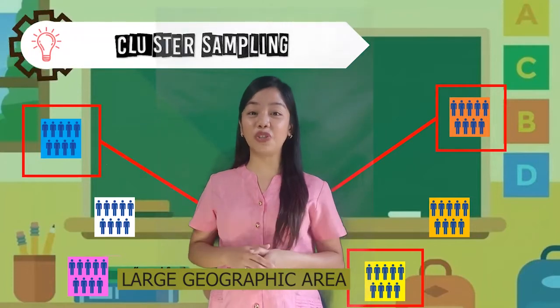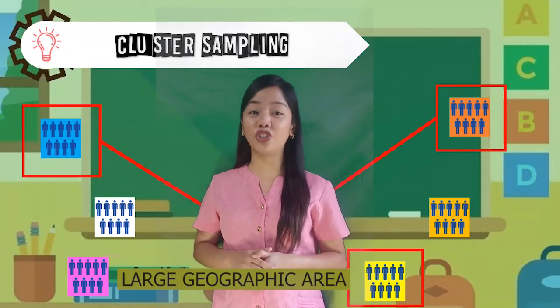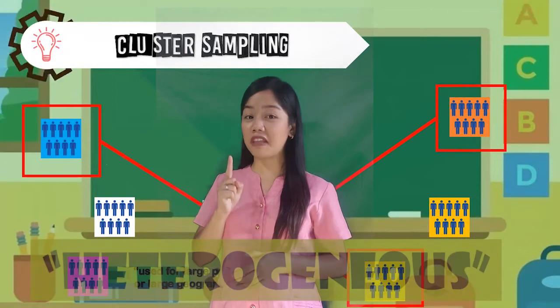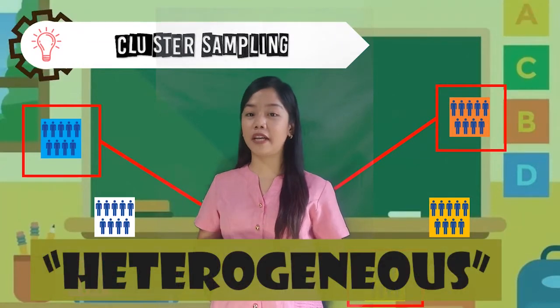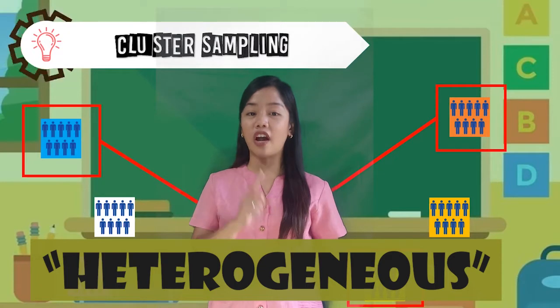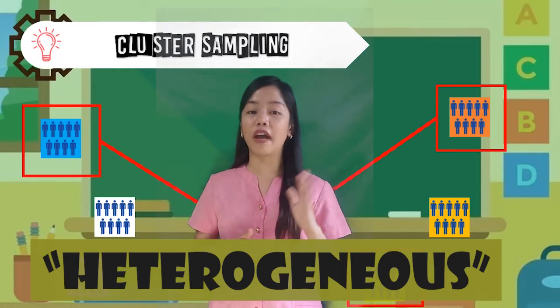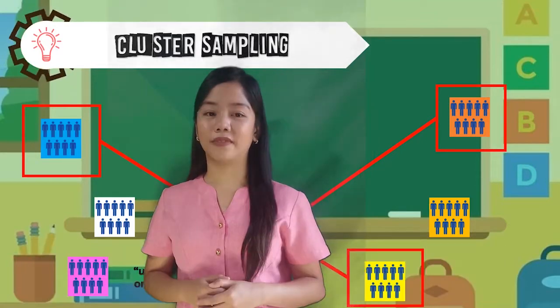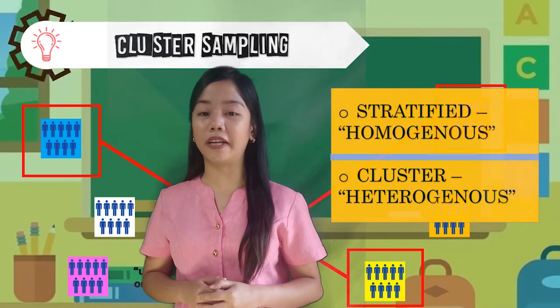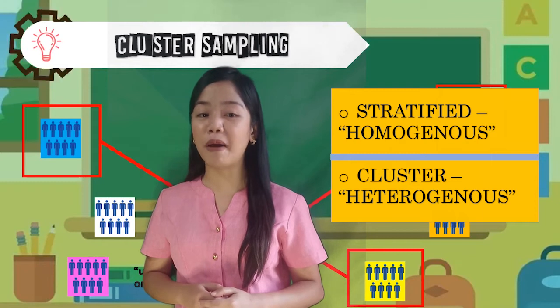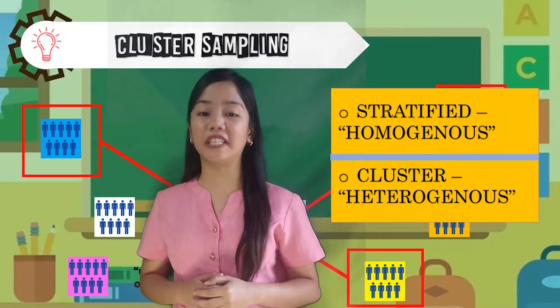This is often used when the population has a large geographic area. But take note, in cluster sampling, members from each cluster are heterogeneous because most of the time they came from a bigger geographic area. Unlike in stratified sampling, for each stratum, all members are mostly homogeneous.